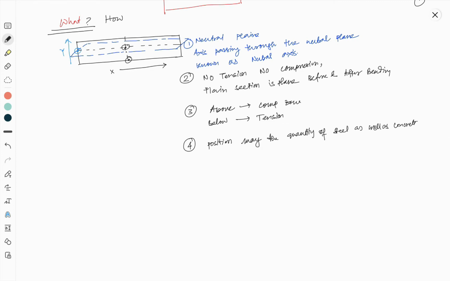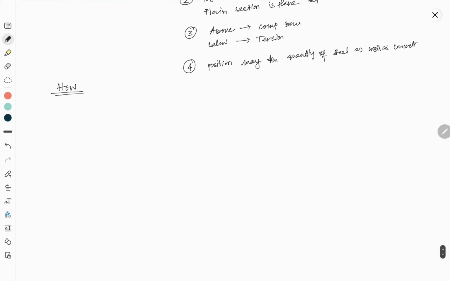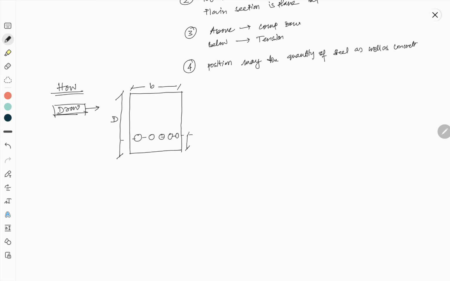Now our question is how we calculate it. Before starting the calculation, we draw the diagram. This is your B. This is your capital D. This is your cover, and this is your small d, that is effective depth.